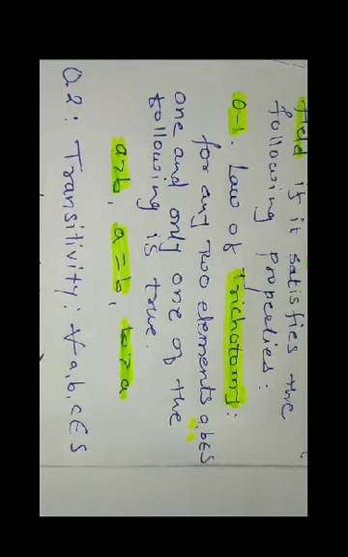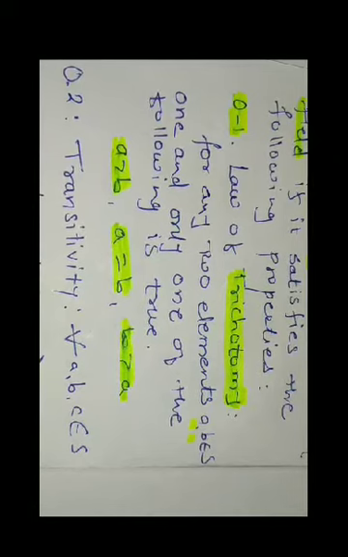Simply, if we consider 2 numbers of the field of real numbers, suppose you choose any two real numbers, say 5 and 7. So what is the possibility? 5 is less than 7, or 7 is greater than 5.